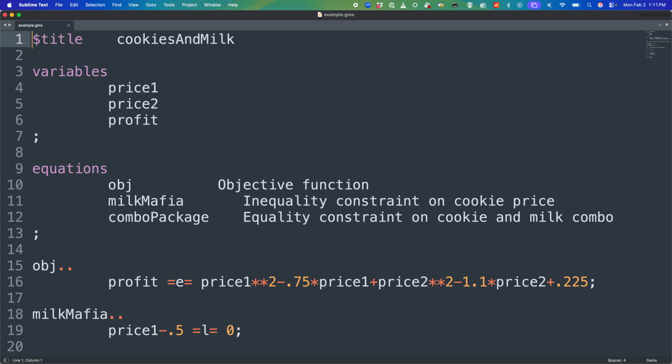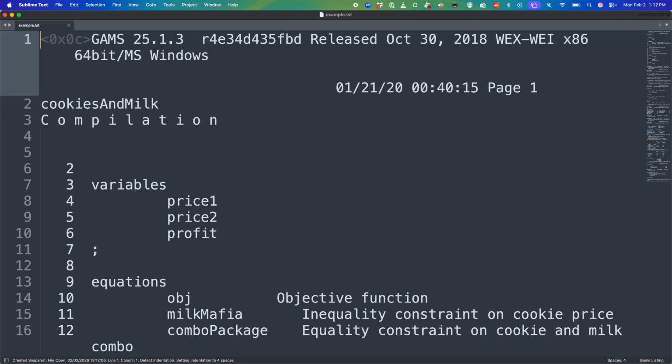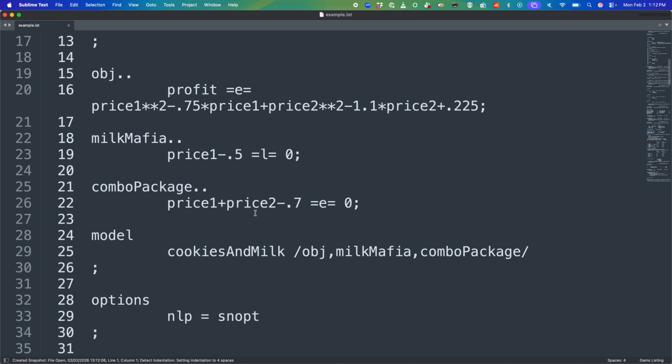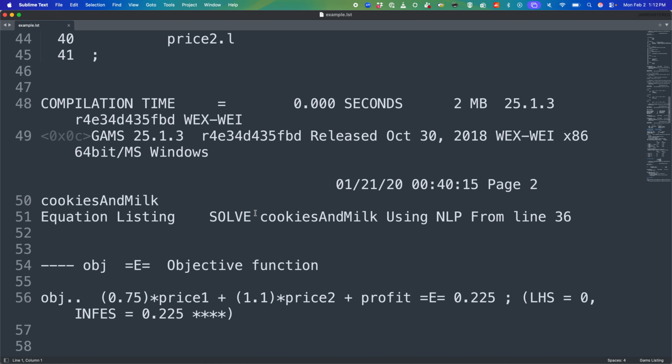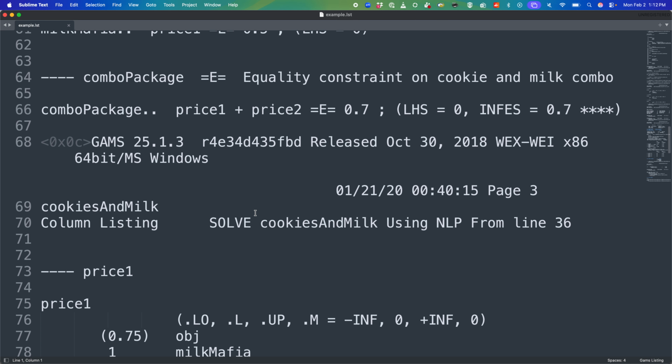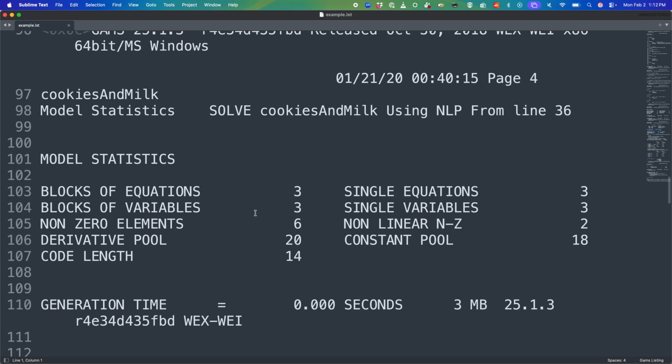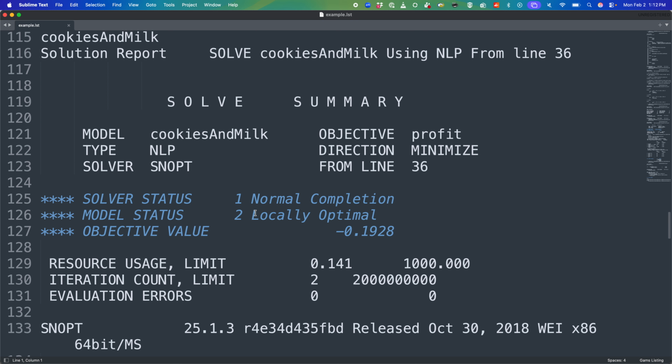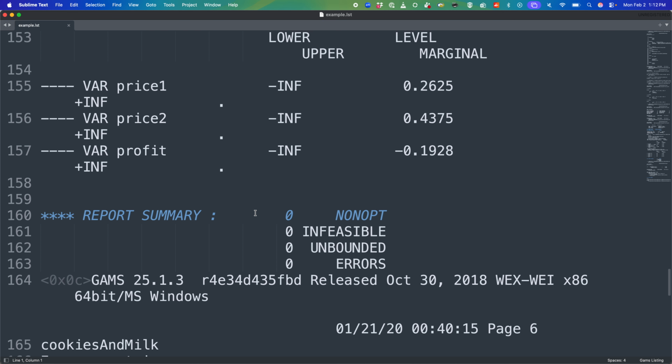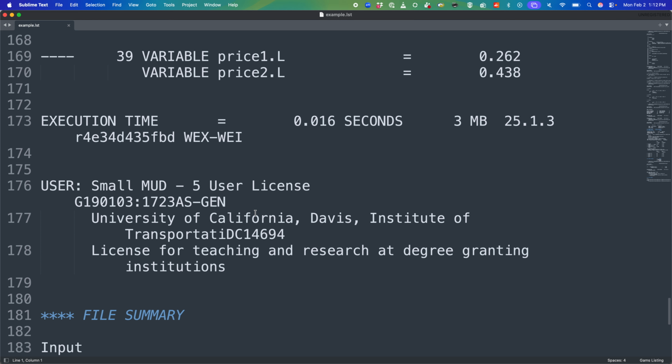So anyways, if I were to run this thing, you end up getting a set of results that ends up looking like this. And after it solves, it will give you, okay, where are we? Yeah, so it runs all this stuff and it gives you a pretty big report out.